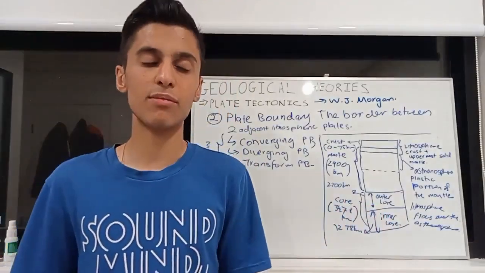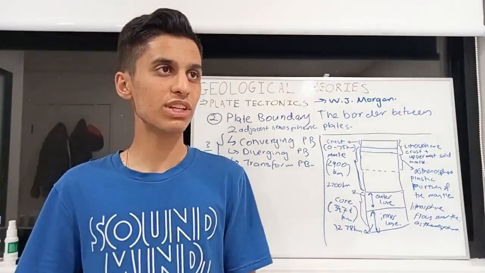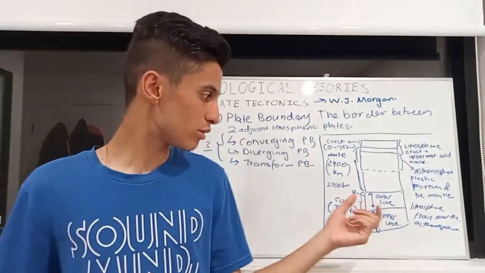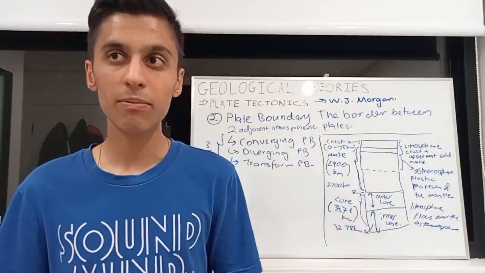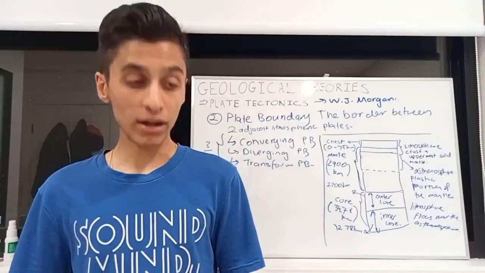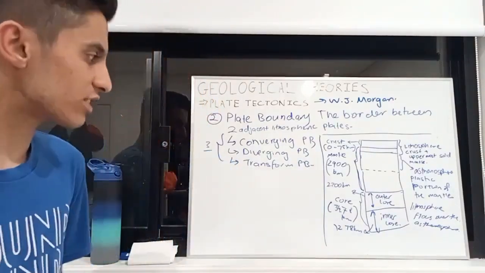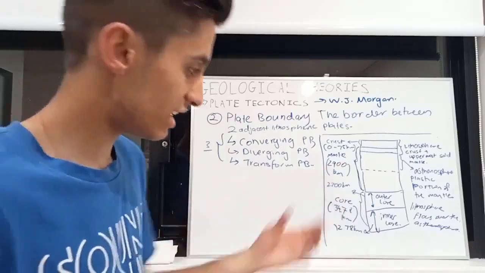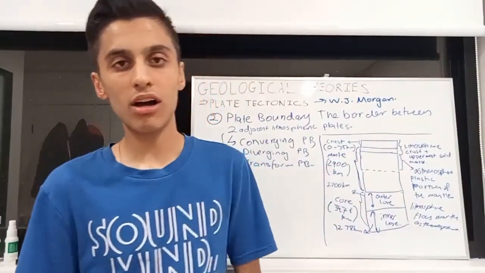I'm pretty sure the outer core is liquid, and no, sorry, the outer core is solid and the inner core is liquid, or it might be the other way around, but I'm not really sure. You can search that up. But yes, the core can be divided into the outer core and inner core.